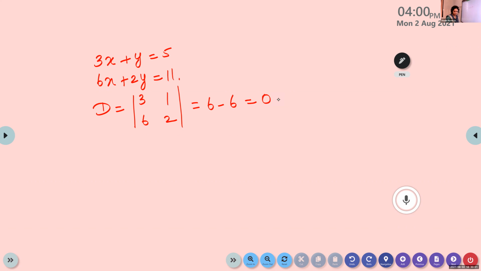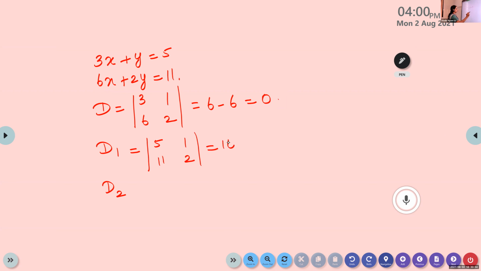If D is 0, then what do you have to do? You find out D1 and D2. If D is 0, we can't say whether it is consistent or inconsistent, so you go to the next step. D1 is the determinant got by removing the coefficients of x and replacing them with the constants: 5, 11, 1, 2.